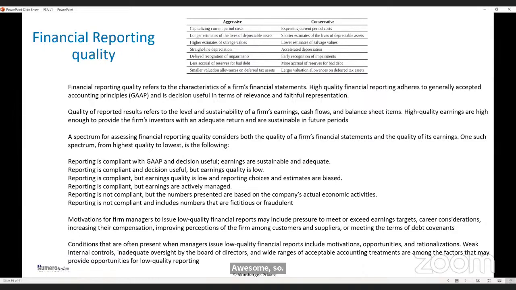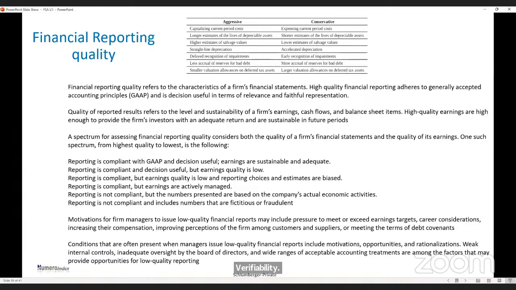But let's look at financial reporting quality. A higher reporting quality adheres to all the GAAP, and it makes decisions useful in terms of relevance and faithful representation. Remember, the major qualitative characteristics of a financial report are relevance and faithful representation. And the other enhancing qualities are verifiability, understandability.